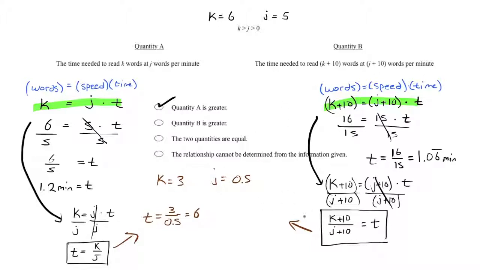Now, check out K plus 10 over J plus 10, which is now 13 over 10.5. The calculator says that 13 divided by 10.5 is about 1.23. That was a pretty weird approach to this, but thankfully our answer is still the same as it was before: quantity A is greater.